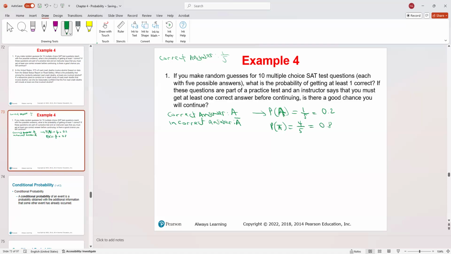Now, if we use the complement rule to calculate the probability of getting at least one correct answer out of these 10 questions, we need to do the probability of getting at least one correct answer.